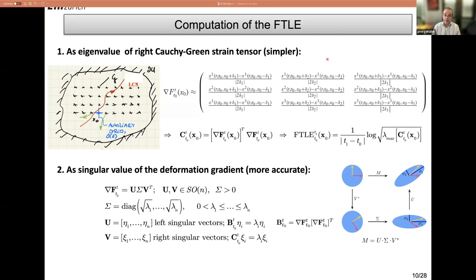You can't get around the finite differencing approach, or you might have some other approximations, but you do need to have a numerical approximation for grad F. But then rather than calculating eigenvalues, it actually turns out to be more accurate even to calculate just a singular value decomposition. And it basically gives you everything that you would ever need for any objective Lagrangian diagnostic, not just the maximal eigenvalue, the minimal, everything in between, left and right eigenvectors. And it's just almost like one command in MATLAB.